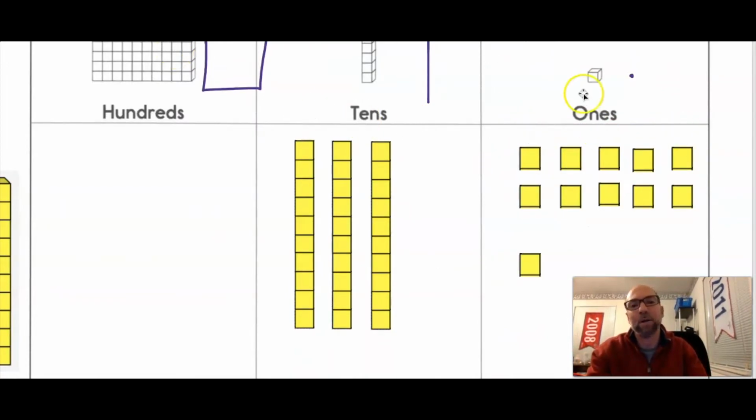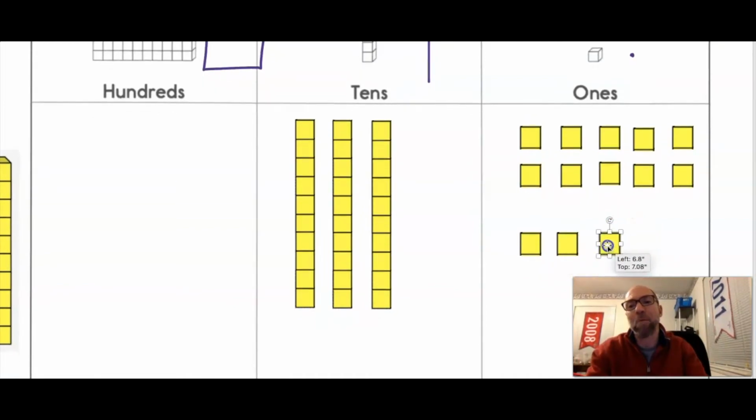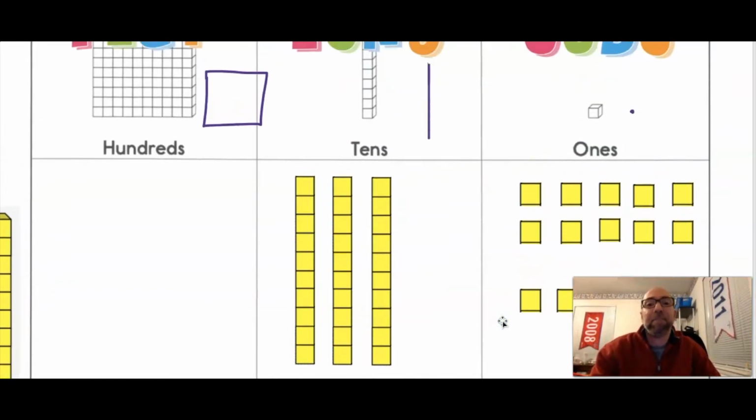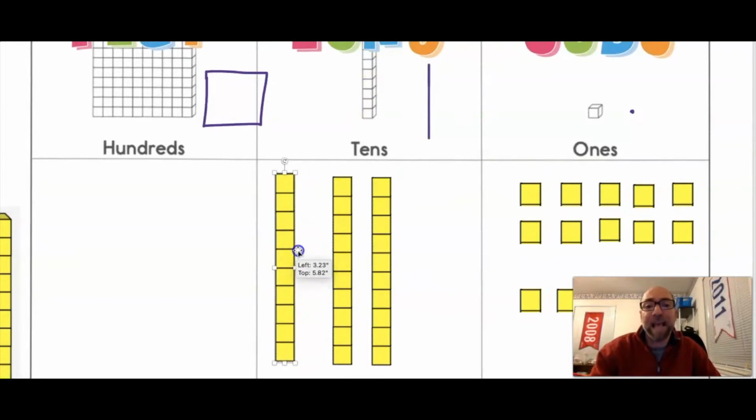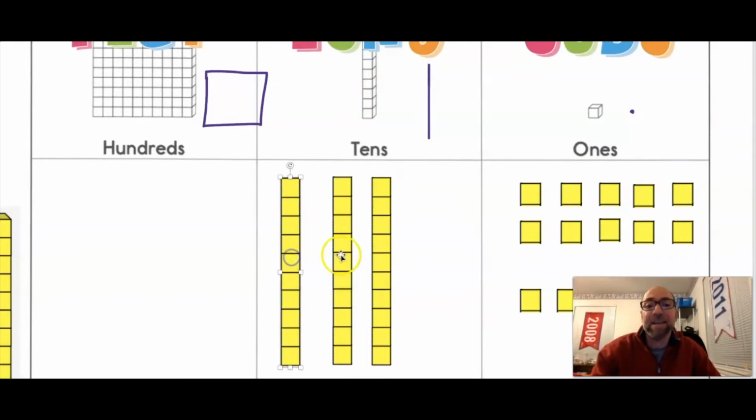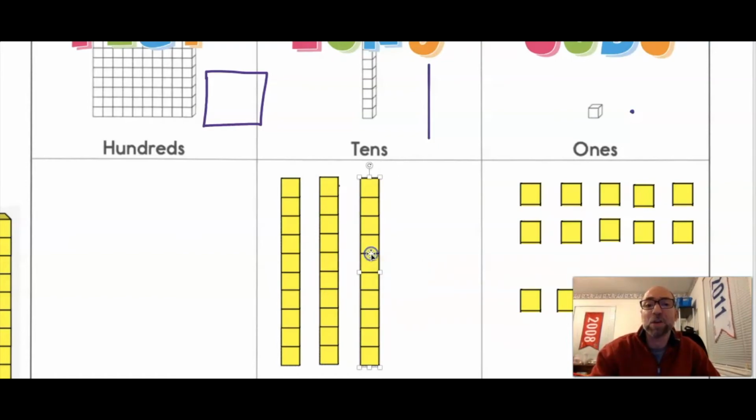I'm going to do mine also. 3 longs and 15 cubes. How much do we have? Let's count and let's see. My tens place, I have to count by tens. 10, 20, 30.